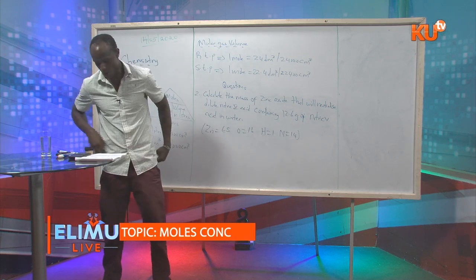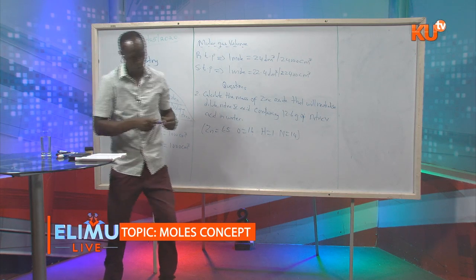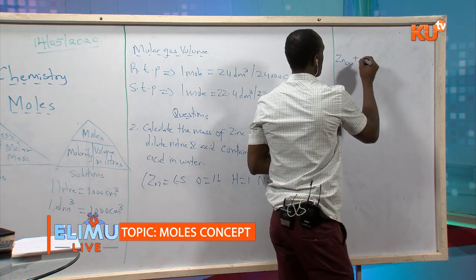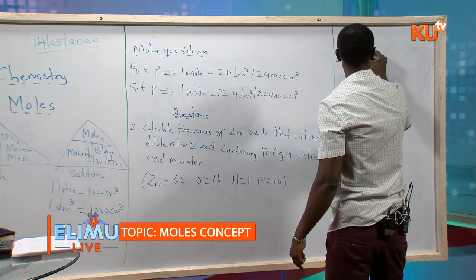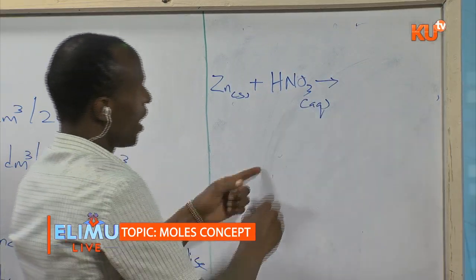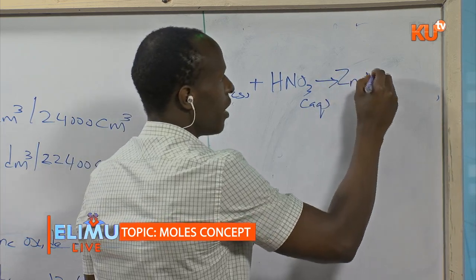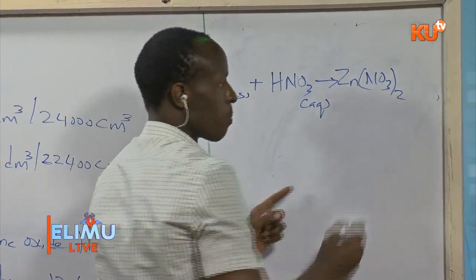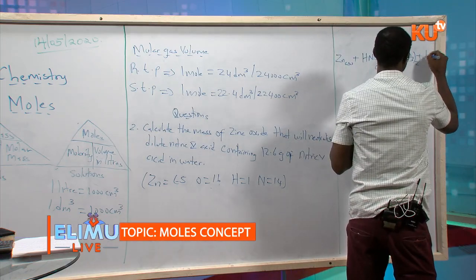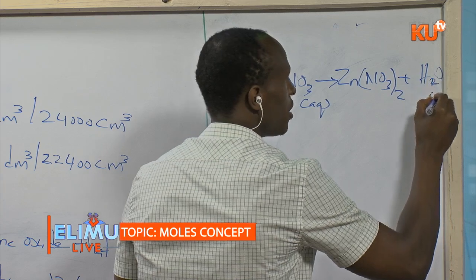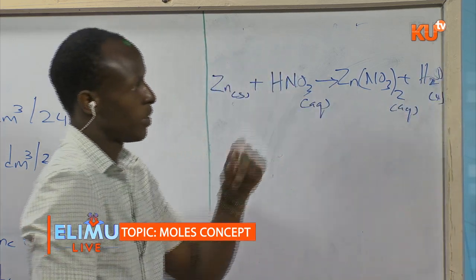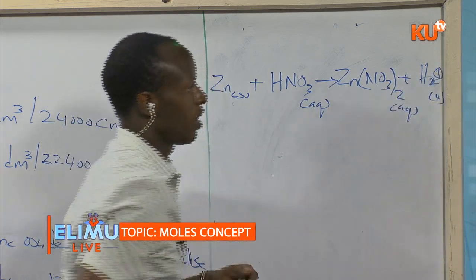So zinc oxide, ZnO, a solid, plus nitric acid, HNO3, an acid which is always aqueous, gives you zinc nitrate, Zn(NO3)2, which is aqueous, plus H2O, water, which is liquid. Form 2 work will help you know why the formula comes to that. I hope it's clear at home.